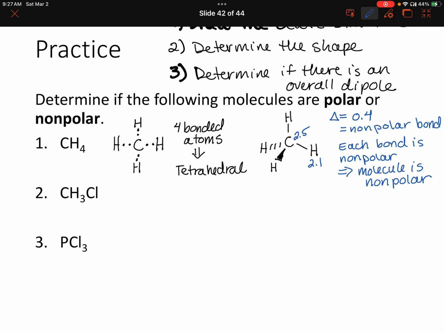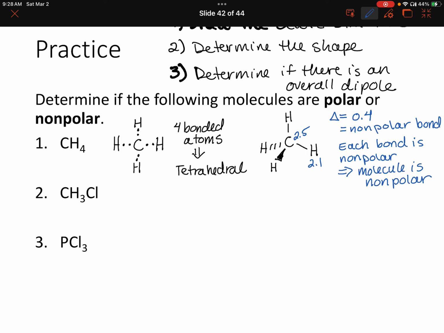Now, the other way to think about this is even if those bonds were polar, they're all equally spaced around the central atom. So that means that this would still be a non-polar molecule, even if each of those bonds were polar. So typically, if you have a tetrahedral molecule, it's going to be non-polar, as long as all the atoms are the same.